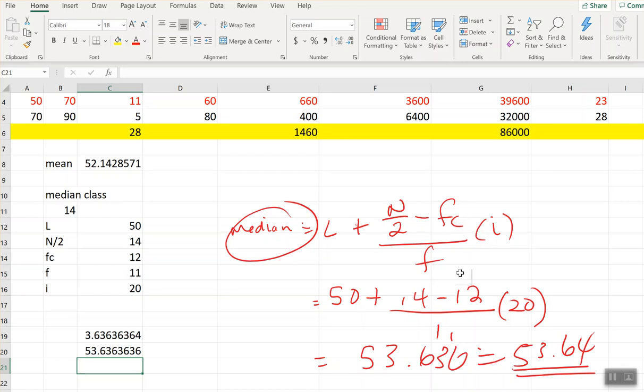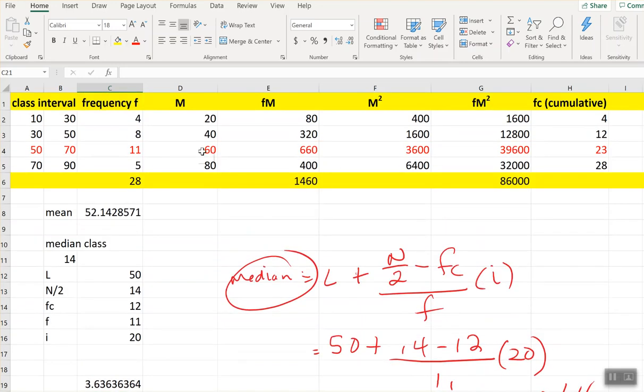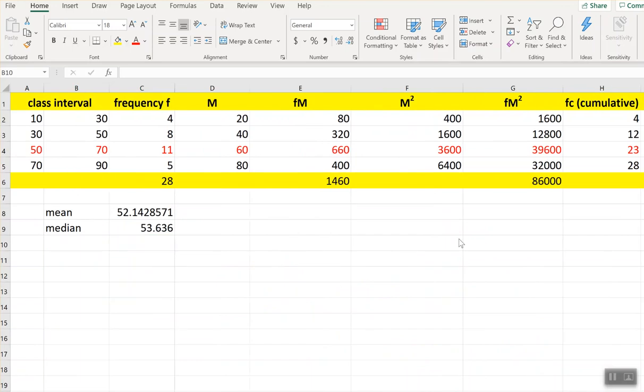Next, we're going to calculate the variance, approximate variance. So let me erase this first. There we go. So let's continue calculating the approximate variance.